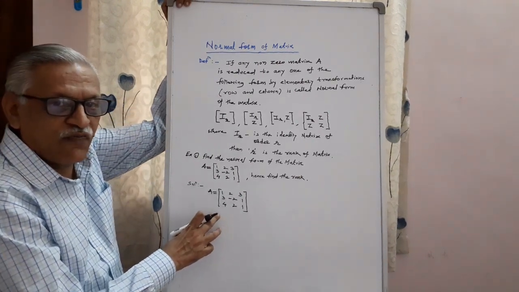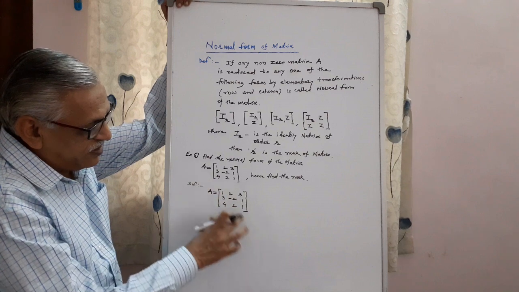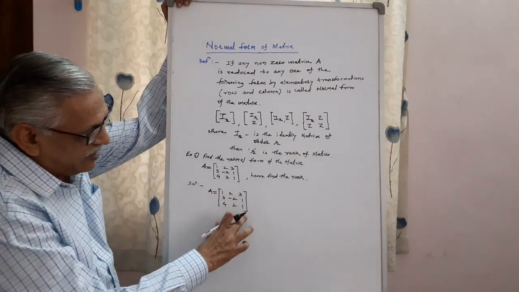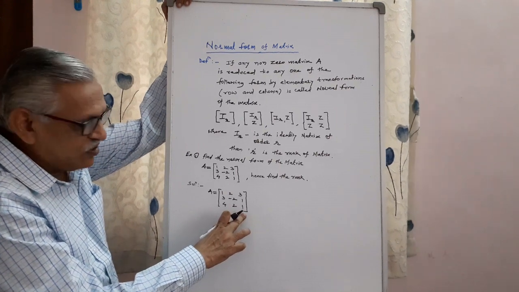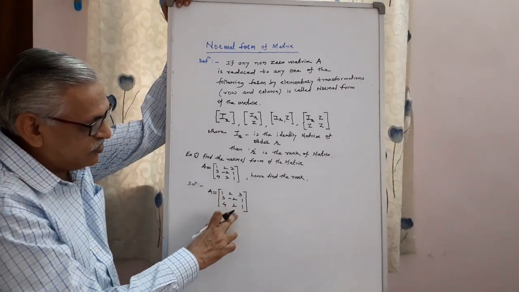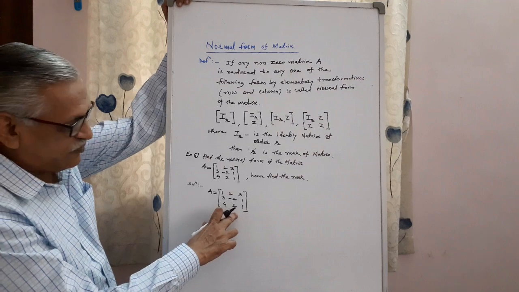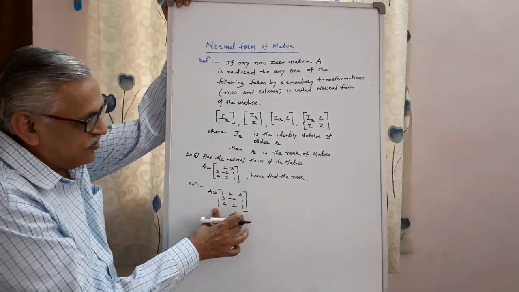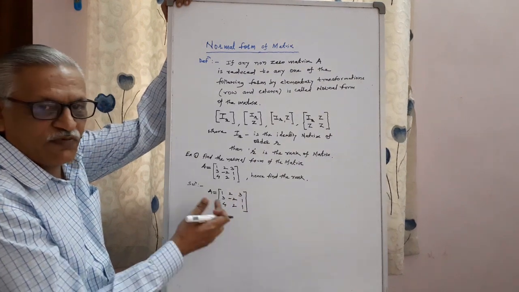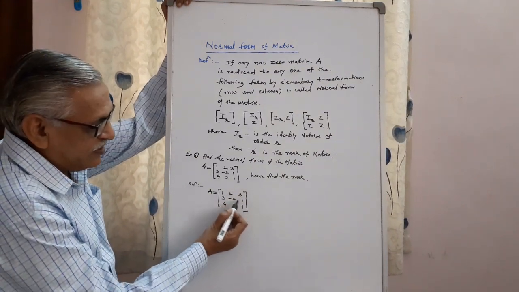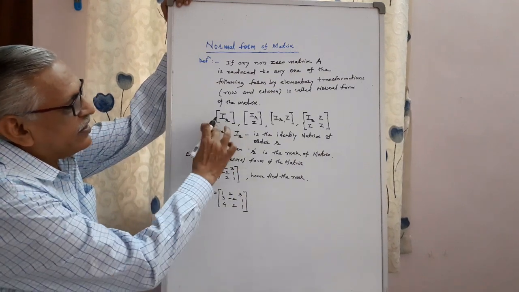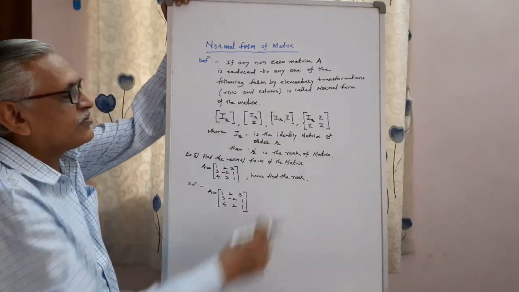While finding the normal form, we first reduce it to its canonical form by converting all the diagonal elements to non-zero and the lower elements to zero by elementary row transformations. After getting the canonical form, we apply column transformations to convert the upper diagonal elements to zero, and thereby get any one of these forms.